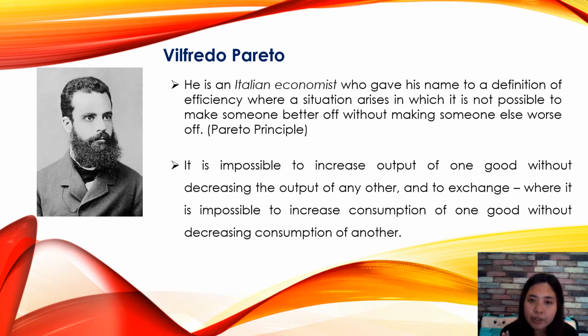And the Pareto efficiency requires a maximum efficiency, and it can relate to a production where it is impossible to increase output of one good without decreasing the output of any other, and it is also impossible to increase consumption of one good without decreasing consumption of another.